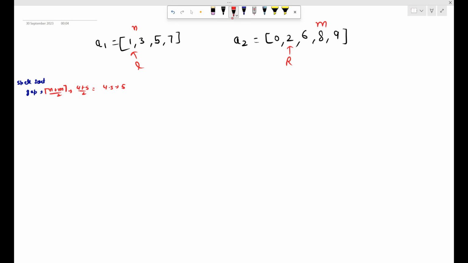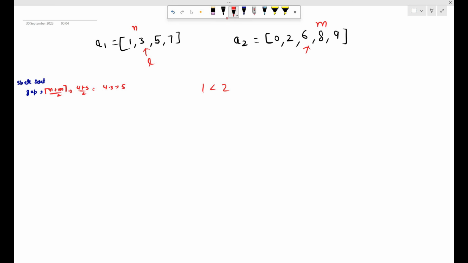Now let's see what we have to do. Let's start our dry run. We have to compare the L and R pointers. So 1 is less than 2, right? Seems fine, it is in the correct order. Now we will move our L to the next one, and also the R. We will move both one by one.